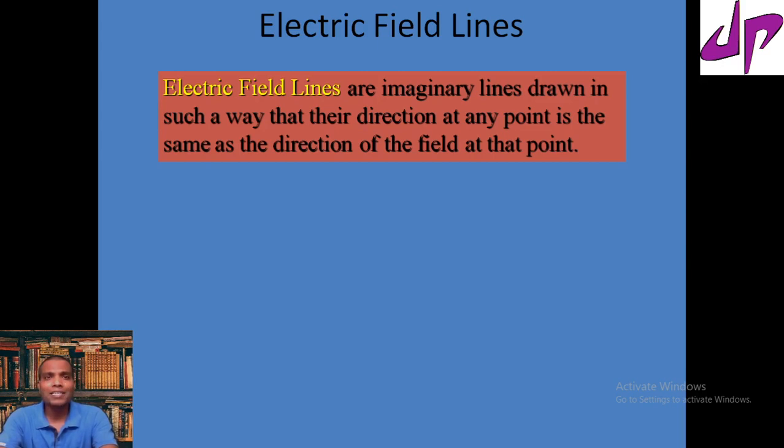First of all, what are electric field lines? Electric field lines are imaginary, hypothetical lines drawn in such a way that the direction at any point is the same as the direction of the field at that point.